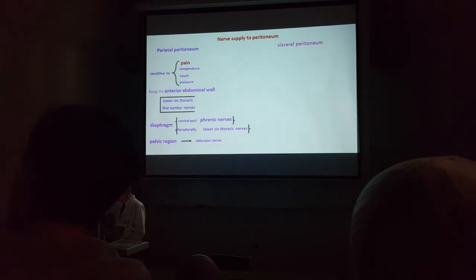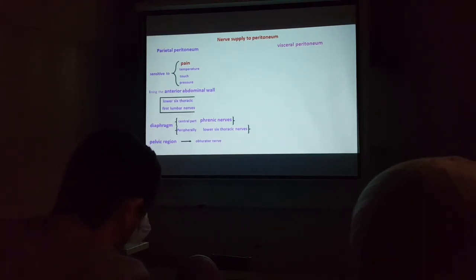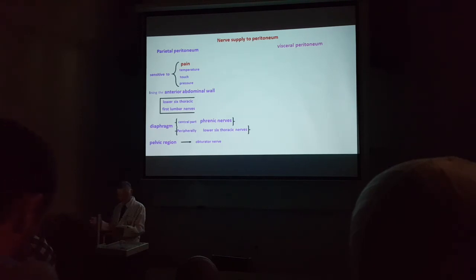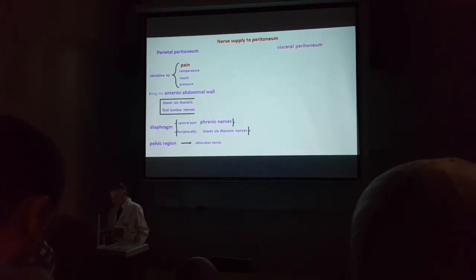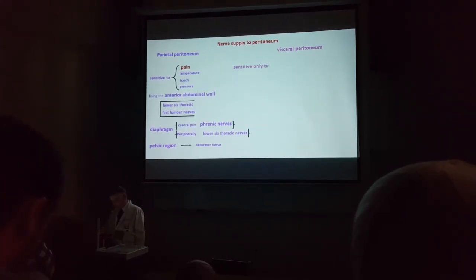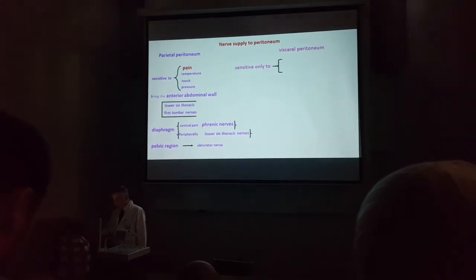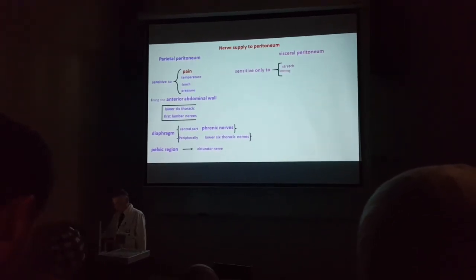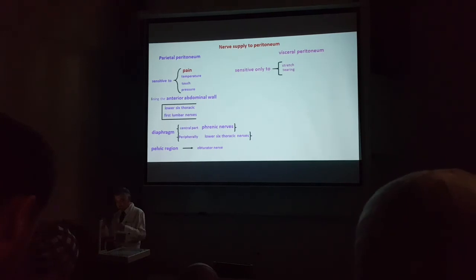Visceral peritoneum, and we know what is visceral peritoneum. Peritoneum covering the liver, for example, or the stomach, or the small intestine. Is sensitive only to stretch and tearing. Okay?